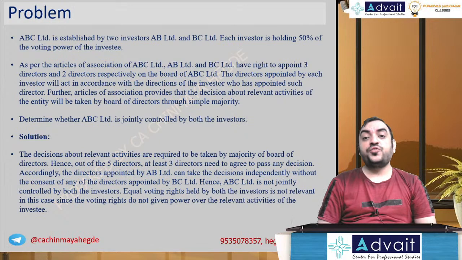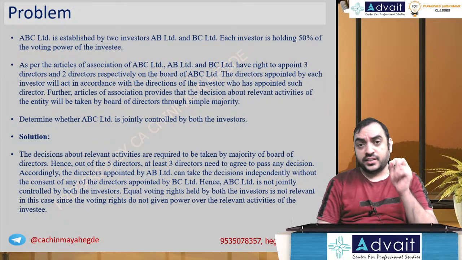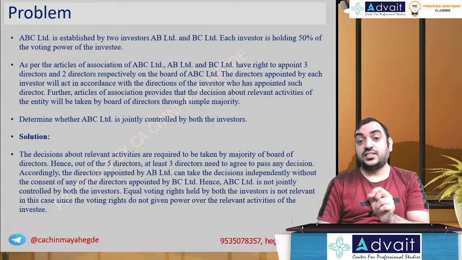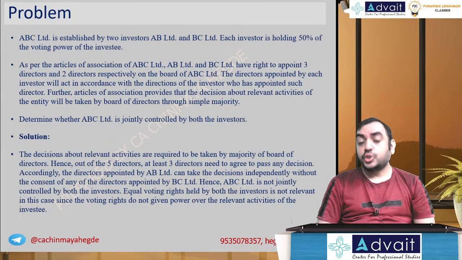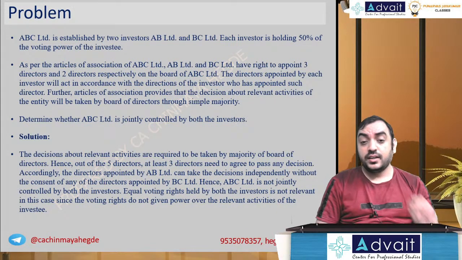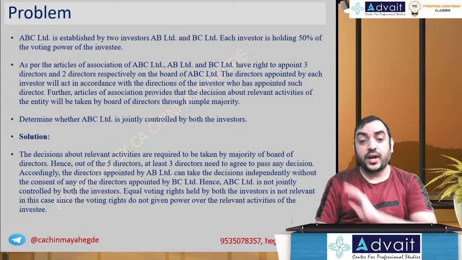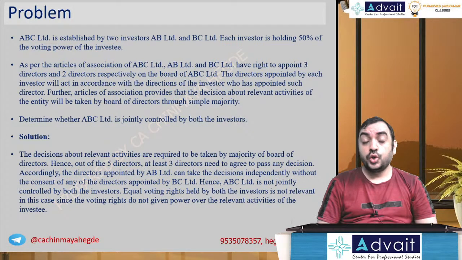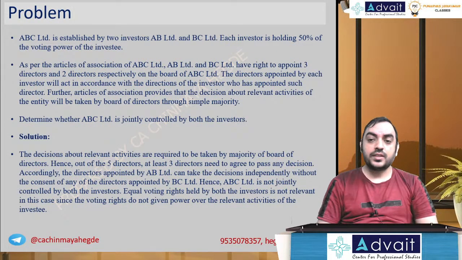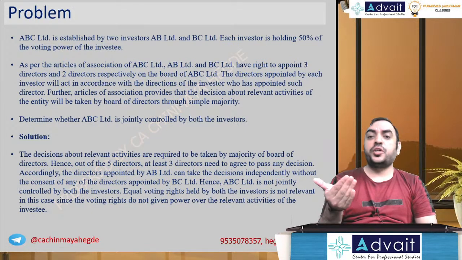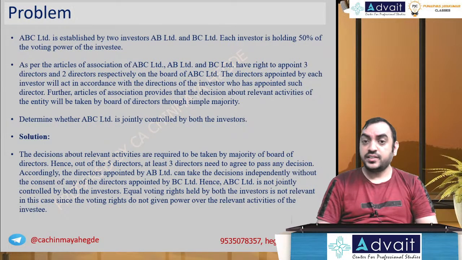The fact that both have 50% voting share does not matter, because decisions about relevant activities are taken by the board of directors. So the composition of the board is more important in this case. The board is appointed 3 by AB Limited and 2 by BC Limited, which means AB Limited has the control and not BC Limited, because the composition of the board is more important than voting rights and equity shares.